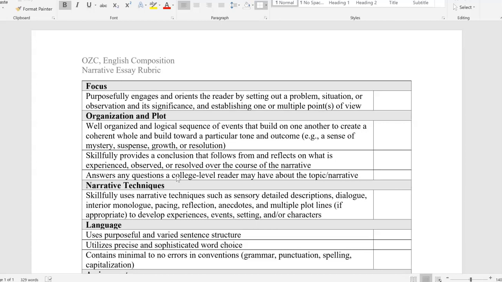If I can't picture somebody's face and I don't know their name and I don't know what their age is, part of this comes with the narrative techniques, but those are questions that are left for the reader. So make sure you fill in all the blanks. It is not the reader's responsibility to fill in the blanks. It is the writer's.